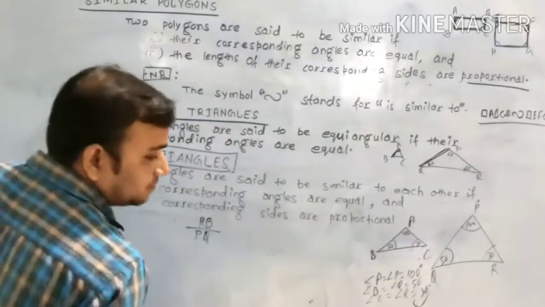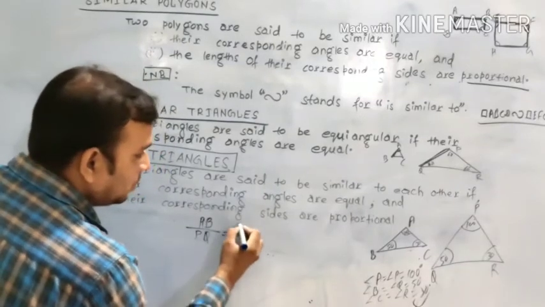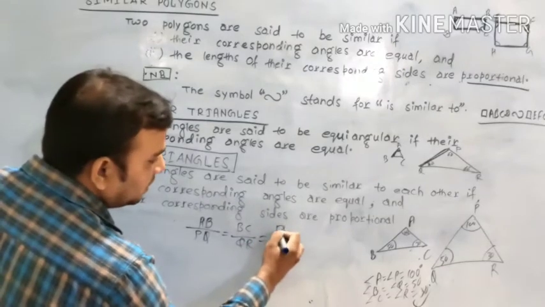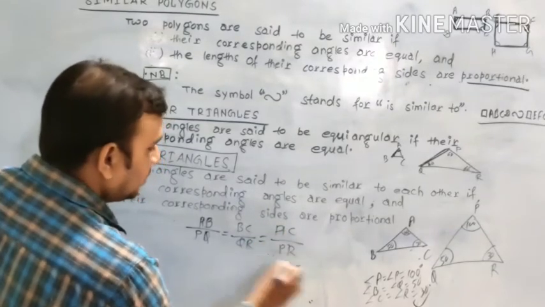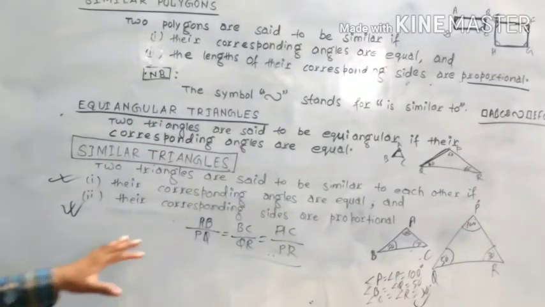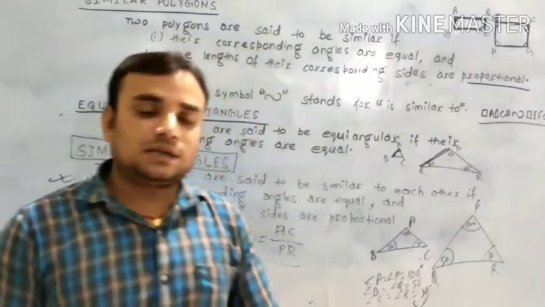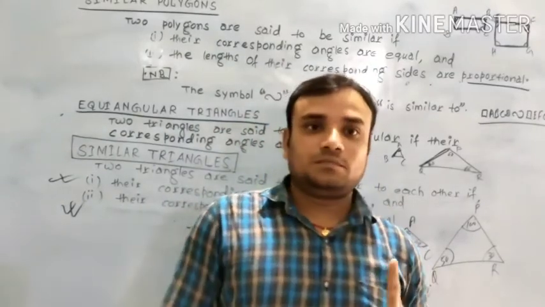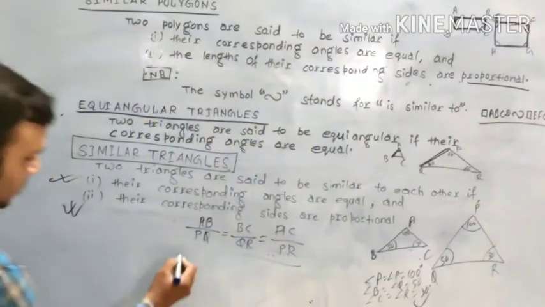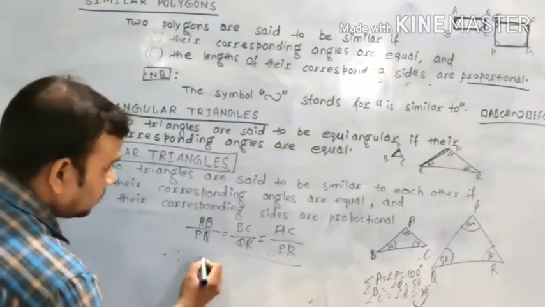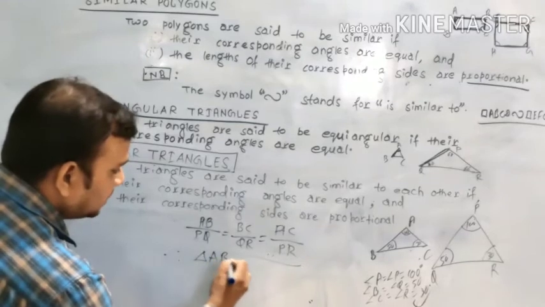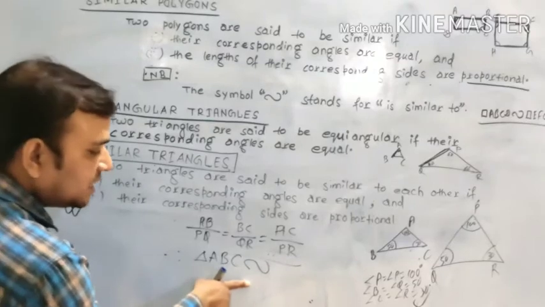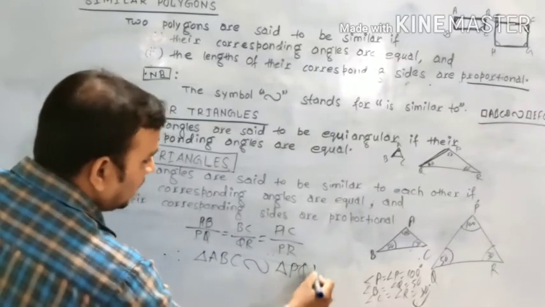So proportional means the ratio AB by PQ equals BC by QR equals AC by PR. If any two triangles follow this condition, then the triangles must be similar, not congruent. Okay, dear student? Therefore, with the sign, triangle ABC is similar to, this sign stands for similar to, triangle PQR.